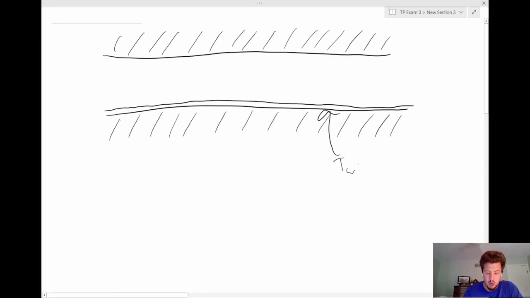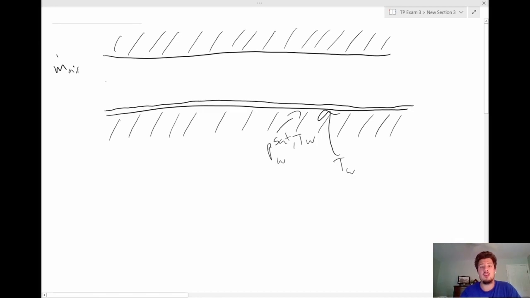We will also say that this water has some saturated partial pressure of water here at temperature TW. And then we want to say that we have a mass flow rate of air entering the tube, being supplied through the system, and then the mass flow rate going through the system will become saturated with water.